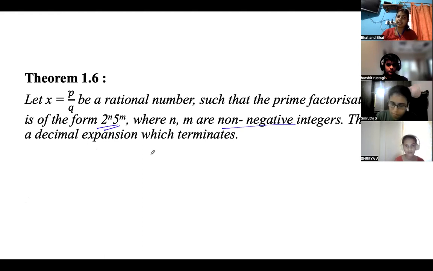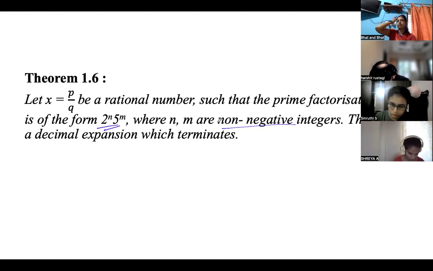Then x has a decimal expansion which terminates. So they are telling exactly the opposite of what we studied in the first statement. There they told x is a rational number whose decimal expansion is terminating. Here they are telling x is equal to p by q, which is a rational number.